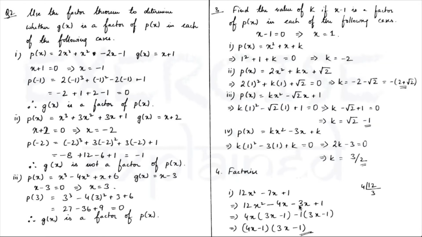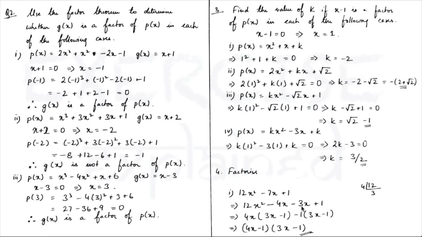Coming to the other side, out of minus 3x plus 1, I can take out minus 1 common, since I have to make this equal. Here, you can see where my mouse is, it is 3x plus 1. So we have to get this side also 3x minus 1. So it was minus 3x plus 1.